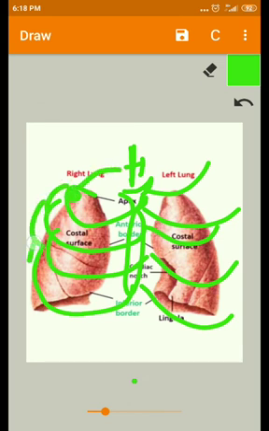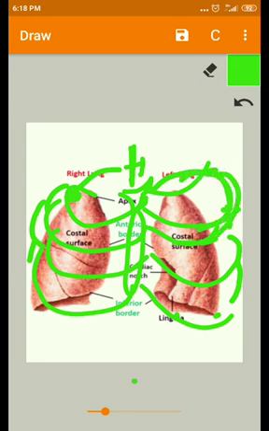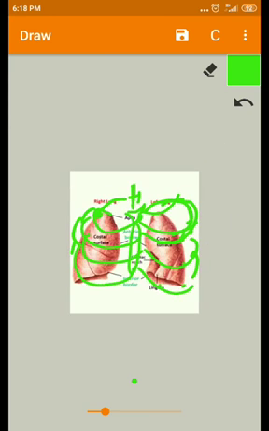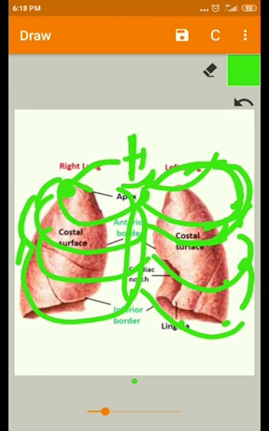So that means the ribs are present from the anterior side to the lateral side to the posterior aspect.